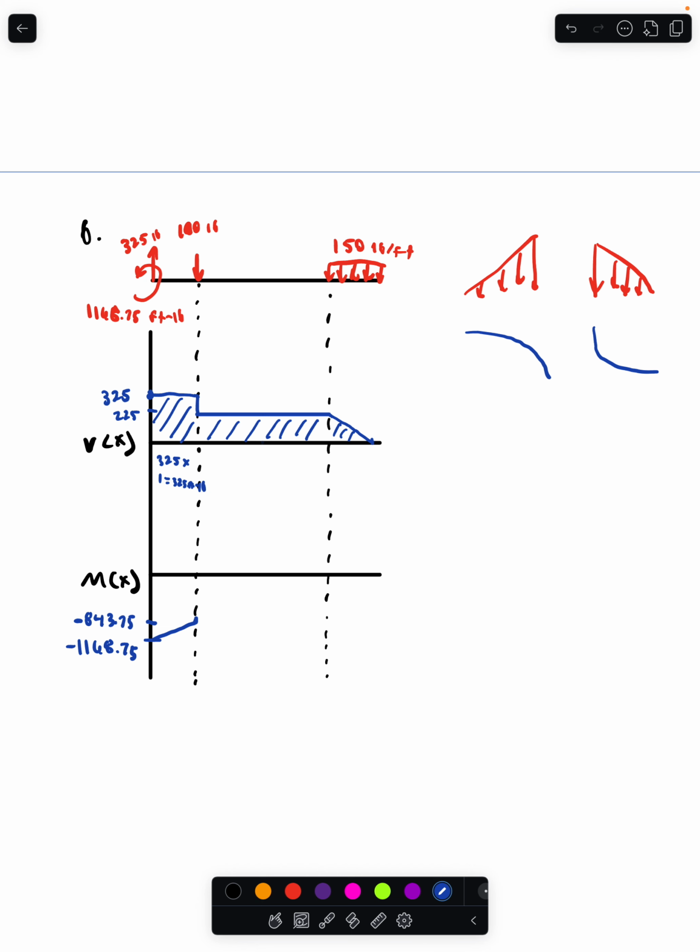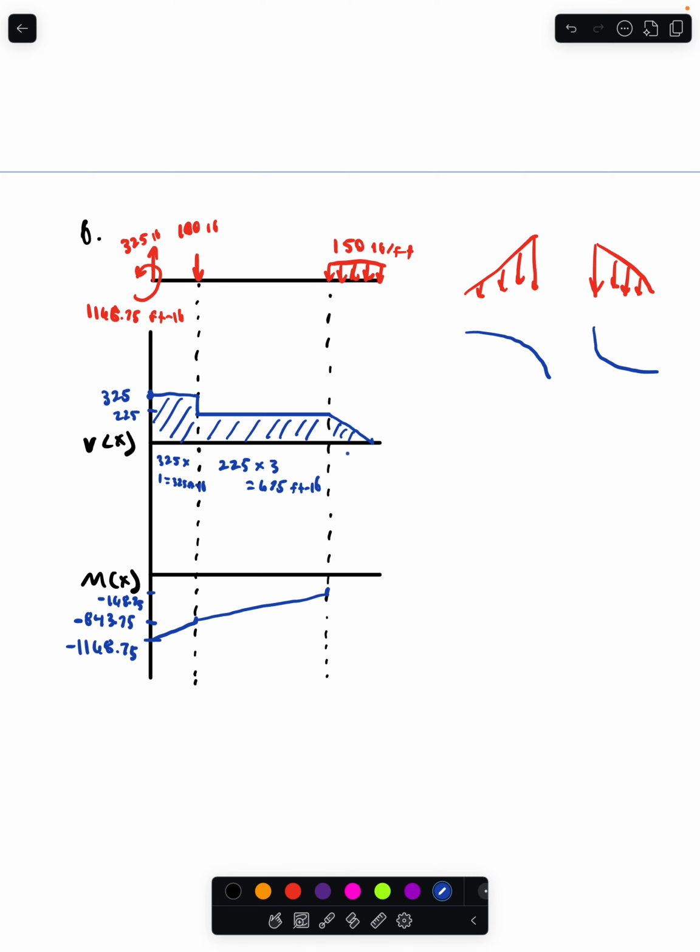And then for this next section, we're going to do 225 times, and this is 3 feet. So 225 times 3 is 675 foot-pounds. So negative 843.75 plus 675 is going to be negative 168.75. And again, this is flat, so we're doing the integral of that, which is just going to be the sloped line.